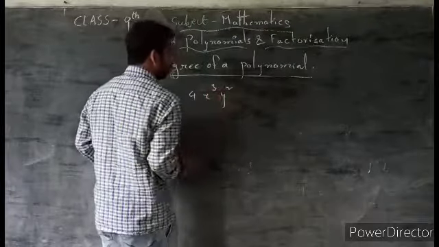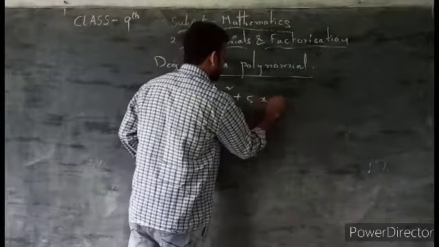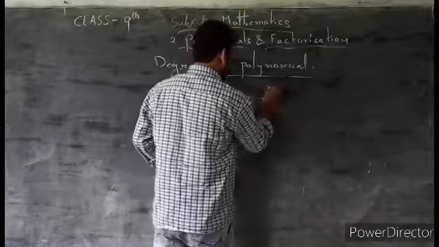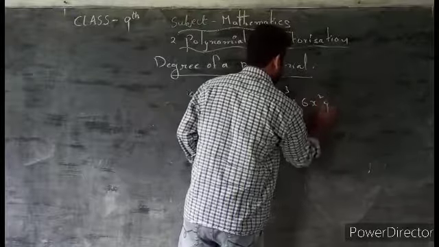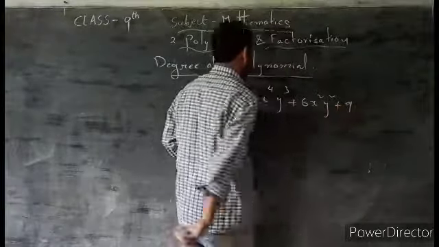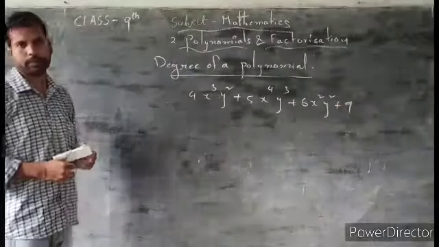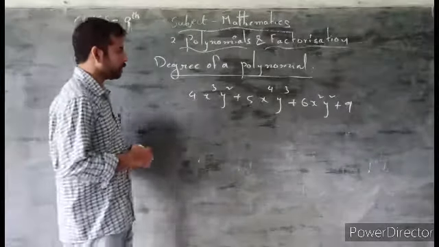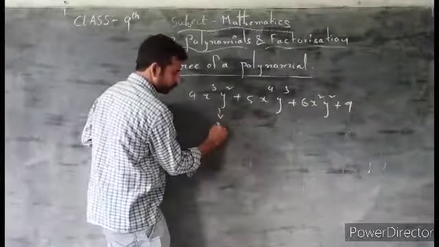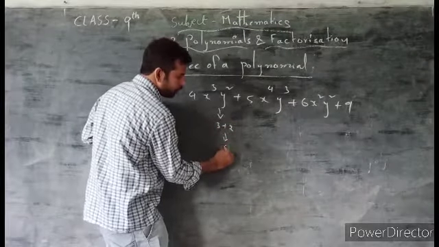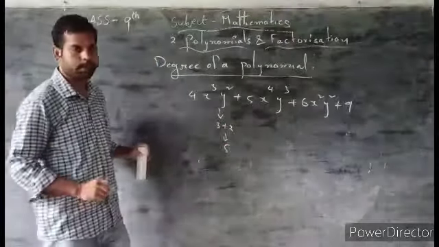Another example: 4x cube y square plus 5x power 4 y cube plus 6x square y square plus 9. Here the degree of the first term is 3 plus 2, that is 5.